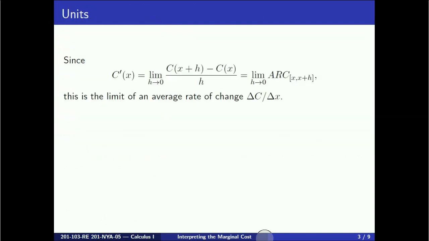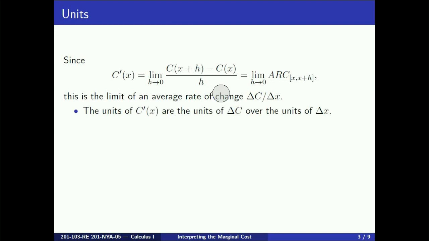Let's first think about what the units are. Since C prime of x is the limit as h goes to 0 of C of x plus h minus C of x over h, this limit is the limit of an average rate of change, delta C over delta x. Therefore, the units of C prime are the units of delta C over the units of delta x.